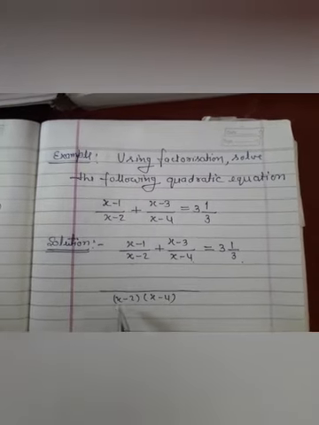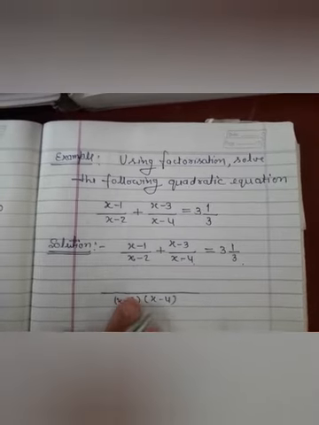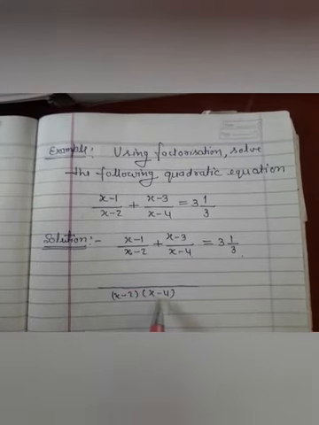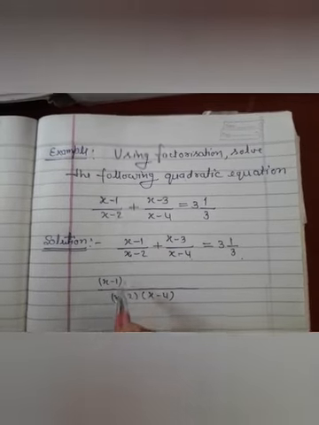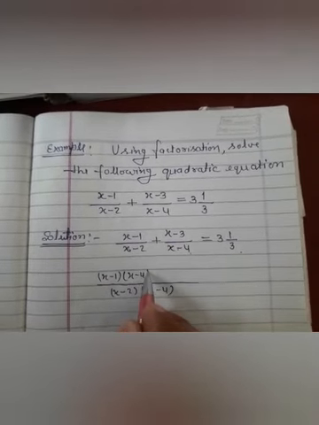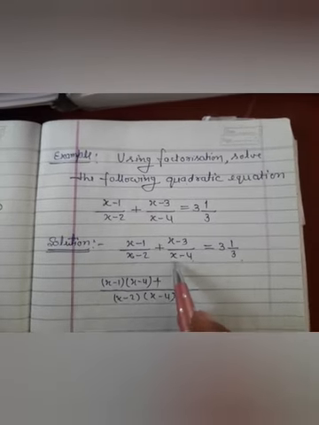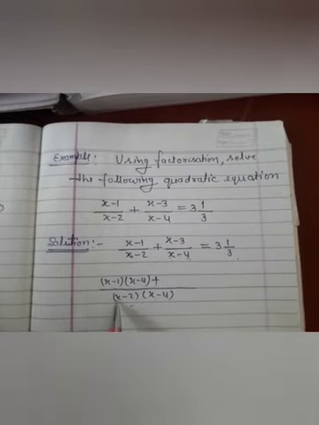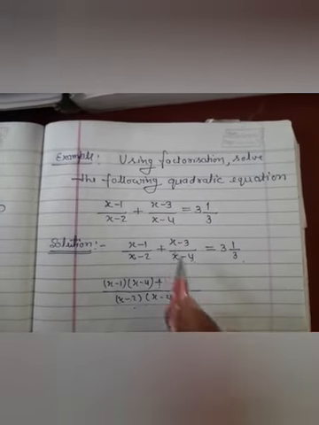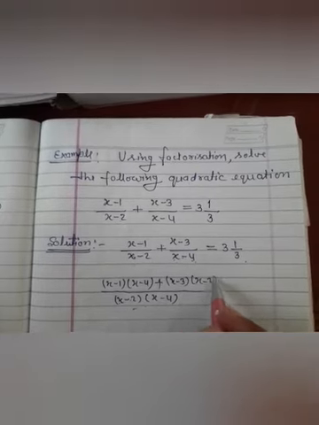Take the LCM. Divide by x minus 2, this portion is cancelled, we get x minus 4, so we write x minus 1 into x minus 4. Clear? Now plus sign, again divide by x minus 4, this portion cancels, we get x minus 2, so x minus 3 into x minus 2.